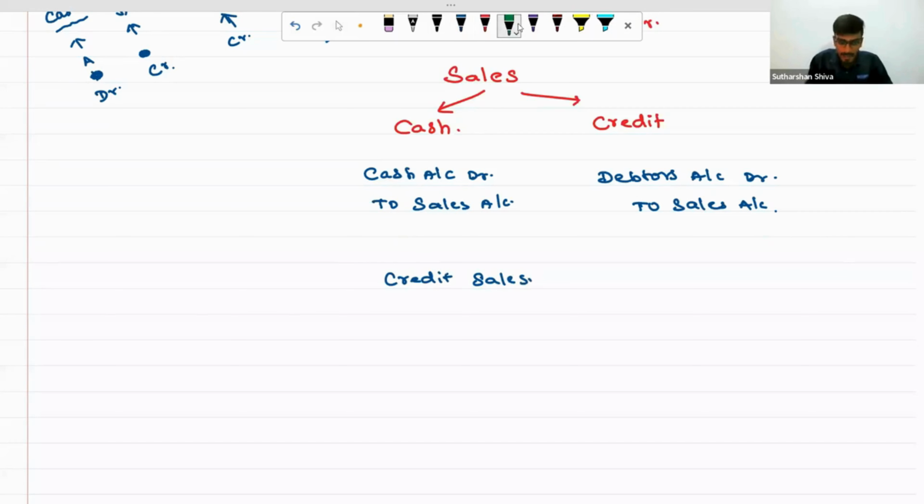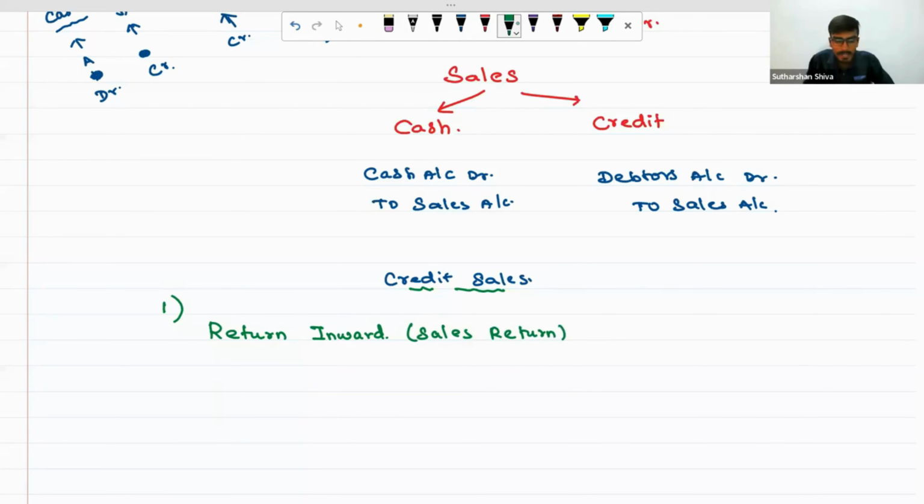This credit sales has been bifurcated. First thing, what if there are any damages? For any damages, we can do return inward, popularly known as sales return.